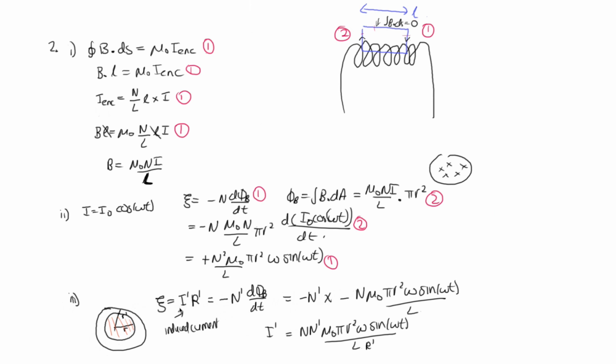Then with the last part, we get 1 point for this part here, equating Ohm's law with Faraday's law. We get 2 points for substituting in the magnetic flux here, and then 2 points for our final expression. So this question is out of 5 plus 6 plus 7, which is out of a total of 18 marks.